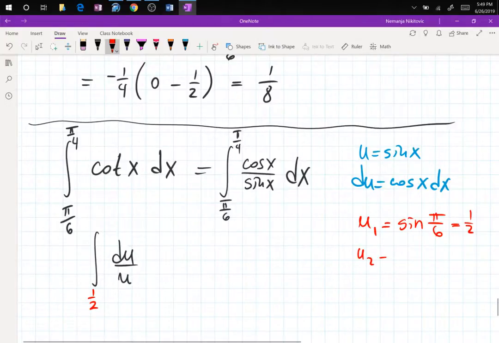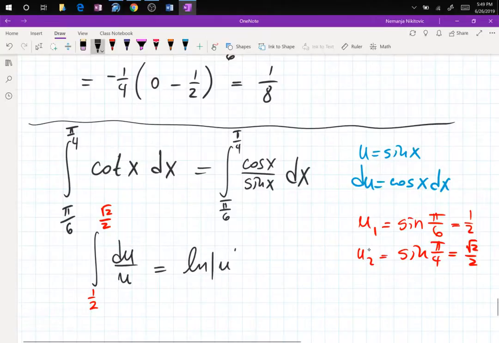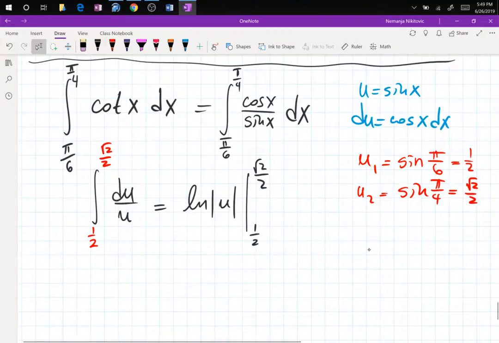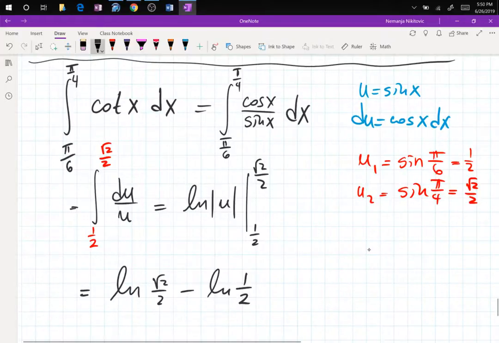And u2 is sine of pi over 4, which is root 2 over 2. So we get ln of u computed from 1/2 to root 2 over 2, which is equal to ln of root 2 over 2 minus ln of 1/2.